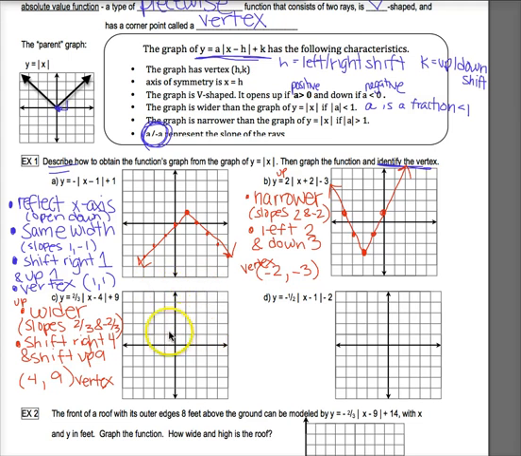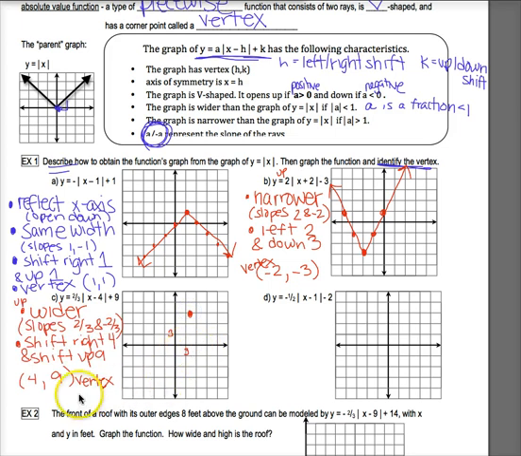I'm going to count by 3s because I know that that's going to give me plenty of space. So if I'm counting by 3s, when I plot this vertex at 4, 9, to go right 4 means go right 1 unit and then a little bit more to get the 4, and then up 9 would be 3, 6, 9. So if you're counting by threes, your vertex goes right there.